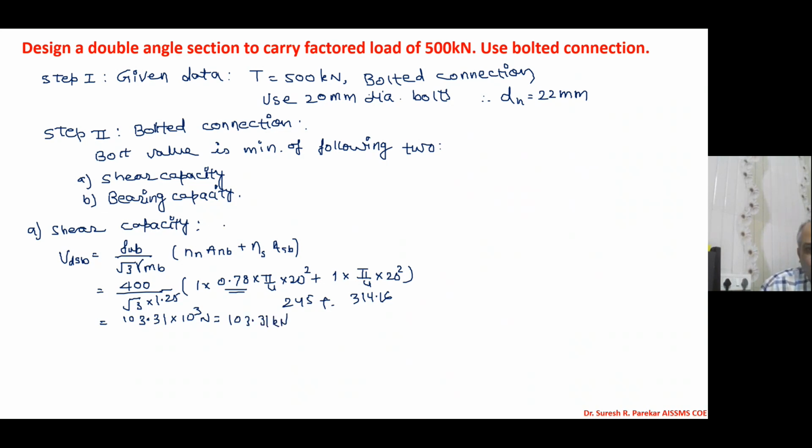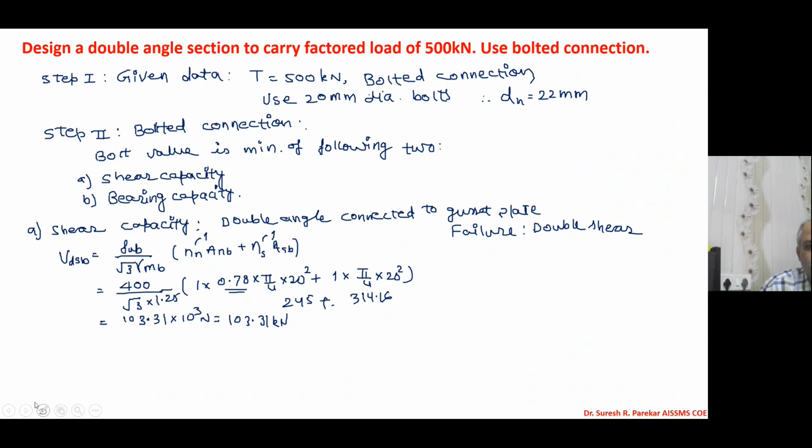Now keep in mind, as we have double angle connected to gusset plate, we have double shear failure. And therefore we have NN also one, that is shear plane in threads, and NS one, shear plane in shank.